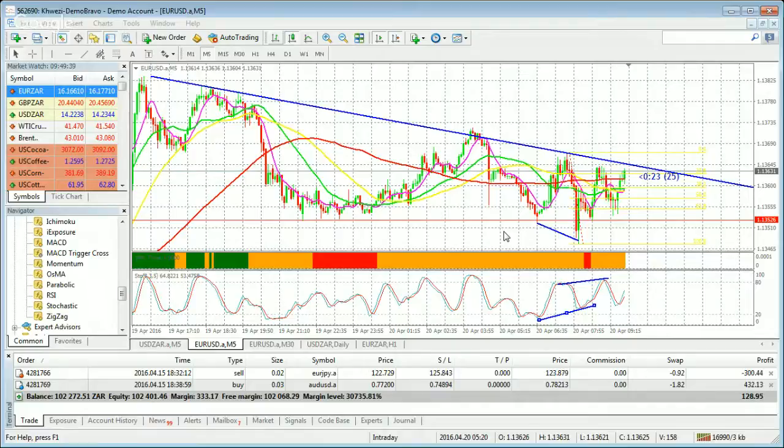Couple of seconds left. It's already gone higher than the previous candle, so it's still pushing up.